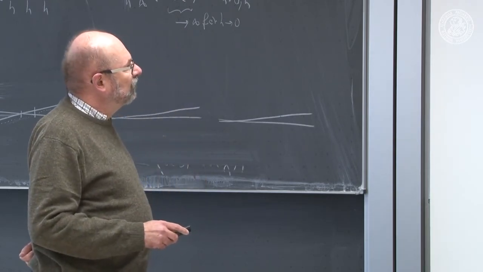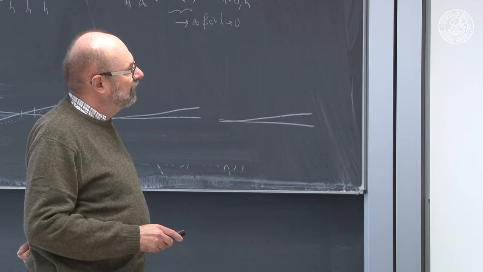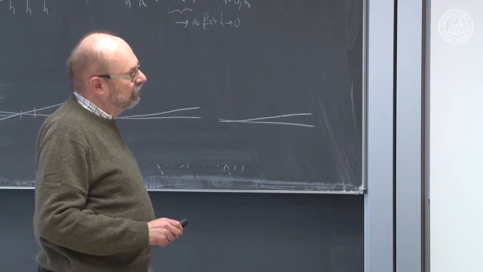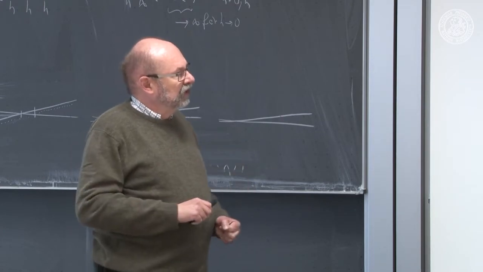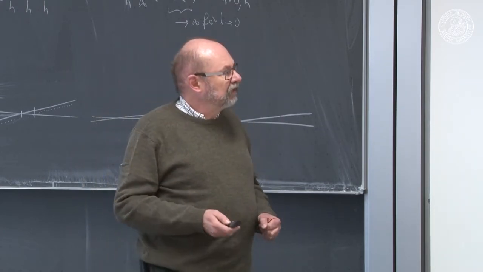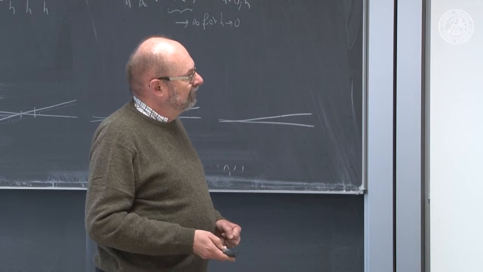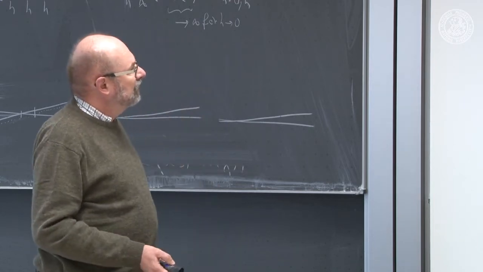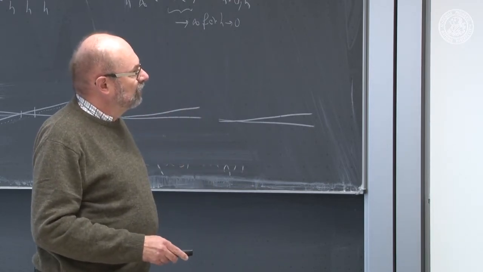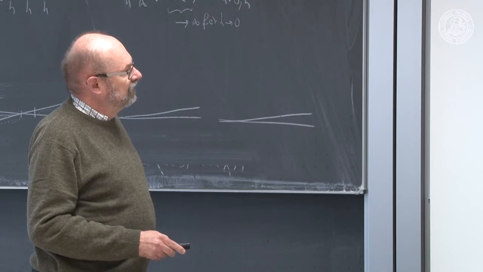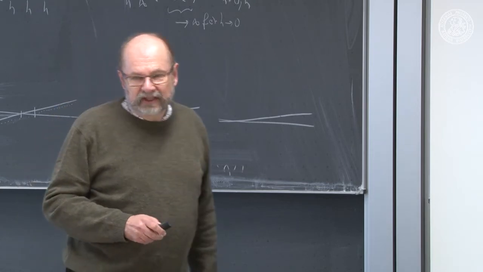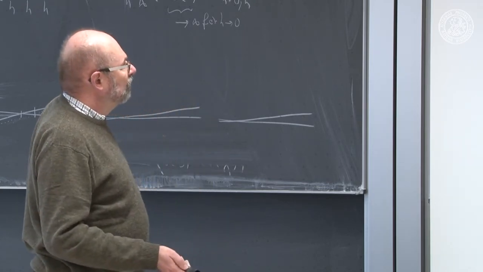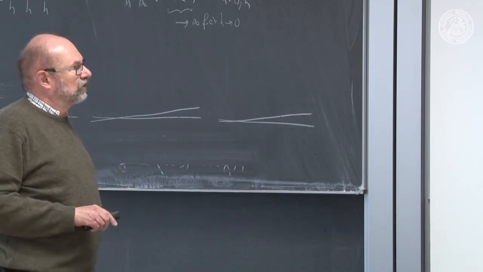Then we call a method consistent if this term goes to 0, and if it even goes to 0 with a certain power of h, we call it consistent to the order 2 in this case. But let's first formulate this notion of consistency correctly.